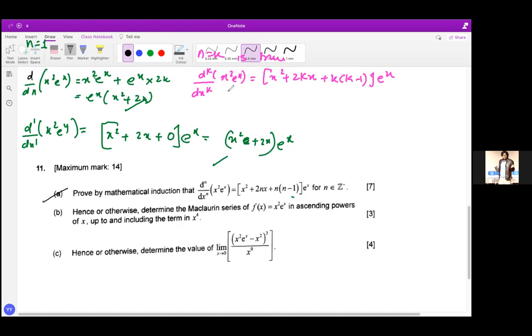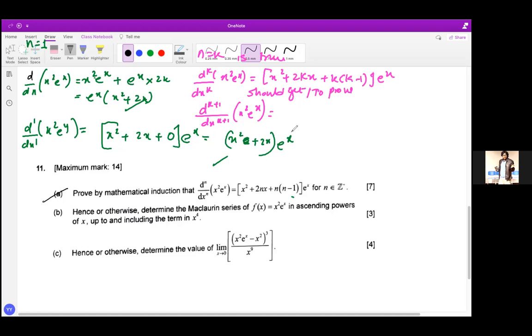Now, if this is true, then for my k plus 1th derivative of x squared e to the power x, what I should get, or what we have to prove, is what you get if you replace n with k plus 1.